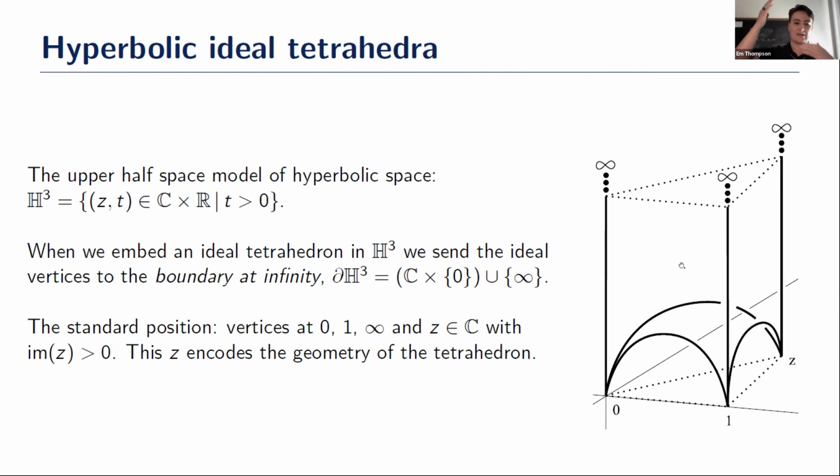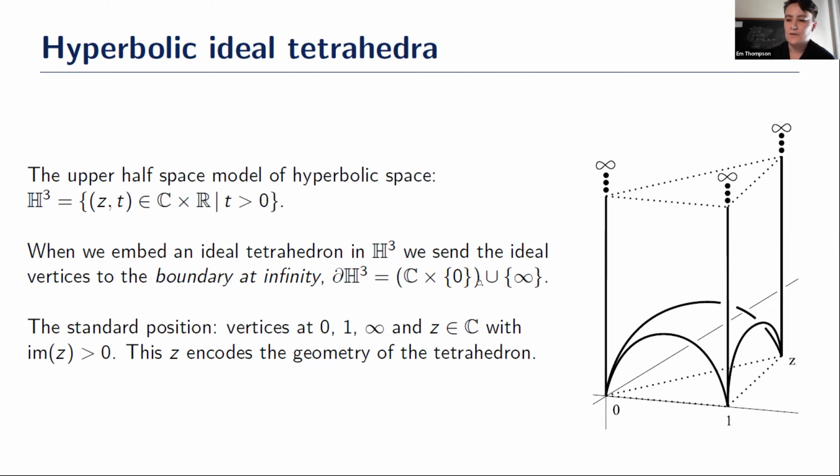We endow it with the metric that takes the Euclidean metric and scales by 1 over the height. And the effect of this is that the complex plane down below is infinitely far away. And we also talk about the point at infinity, and together these form the boundary at infinity.